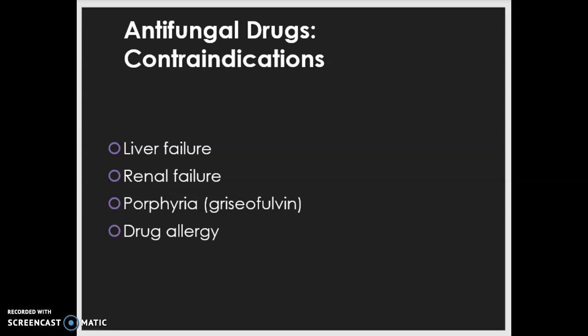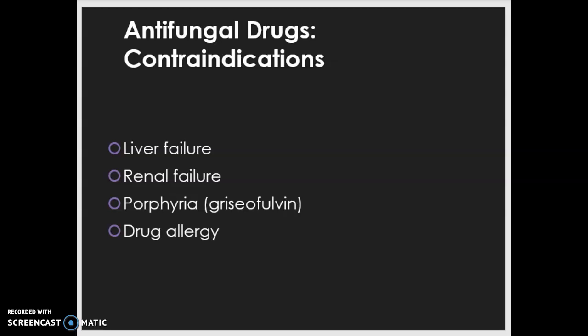Our antifungal contraindications include liver failure, renal failure, porphyria, particularly if we're giving griseofulvin. And porphyria is a group of disorders that can cause nerve or skin problems because there's an accumulation of this thing called porphyrin, which is a component that helps make hemoglobin.